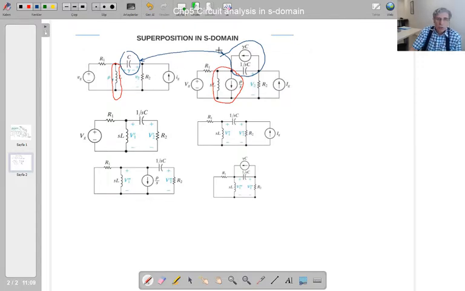So after that transformation, from the time-domain circuit to the S-domain, I have got altogether 4 independent sources.